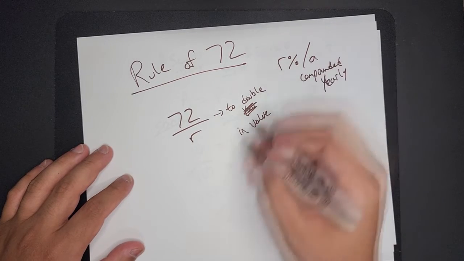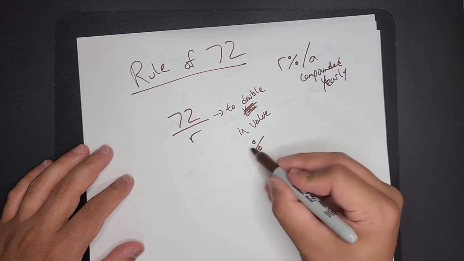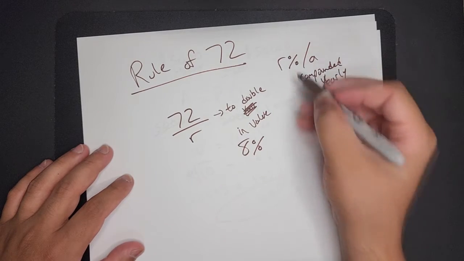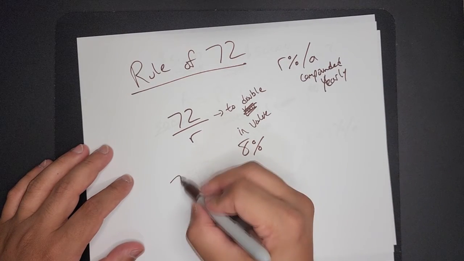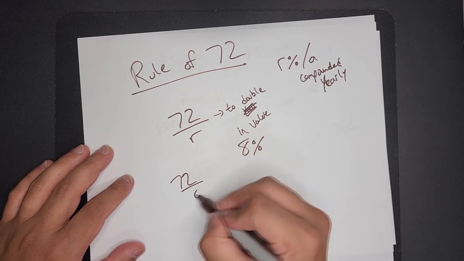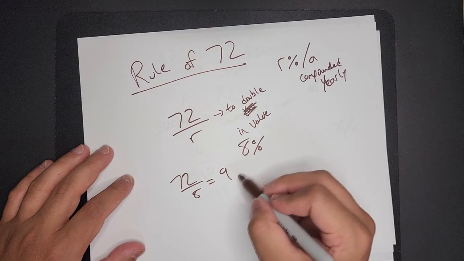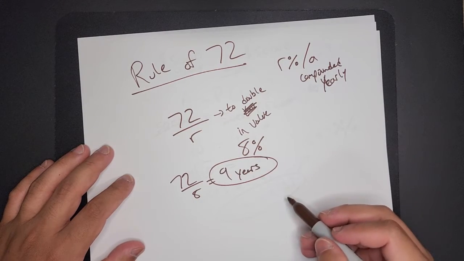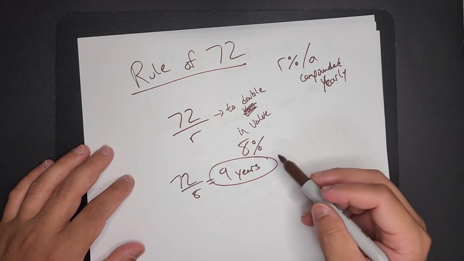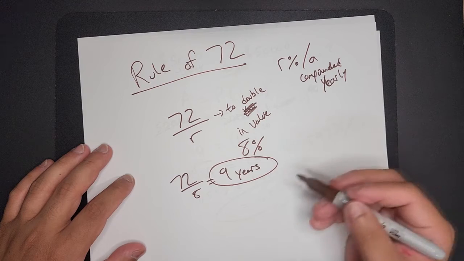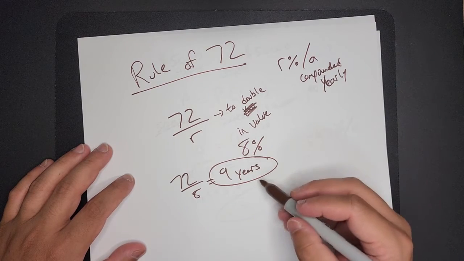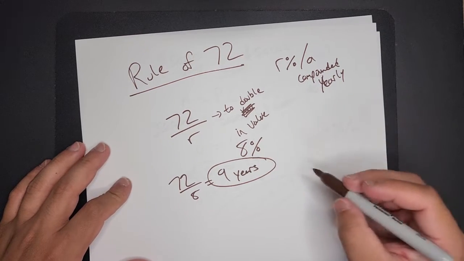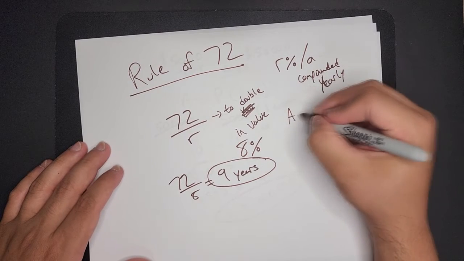So say you have 8% as your R. If you do 72 divided by 8, it will take 9 years for your investment to double. And you can actually check it.